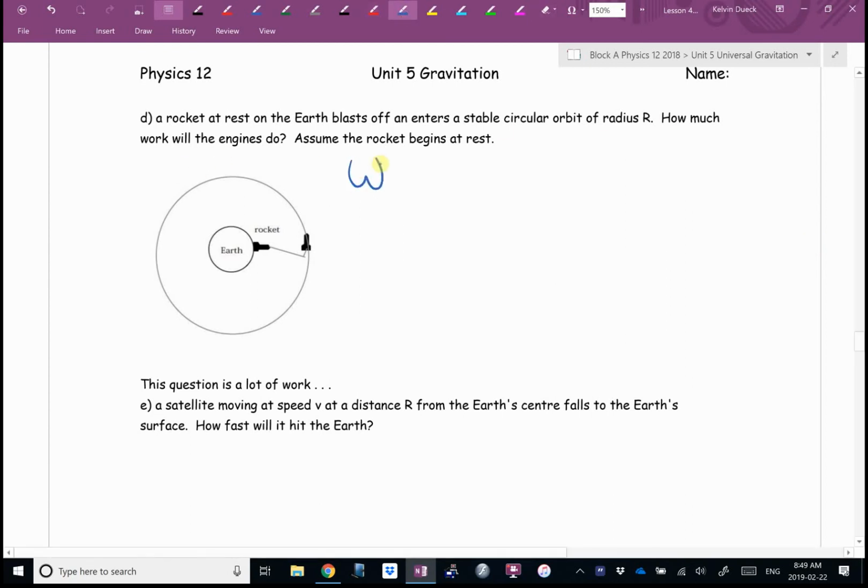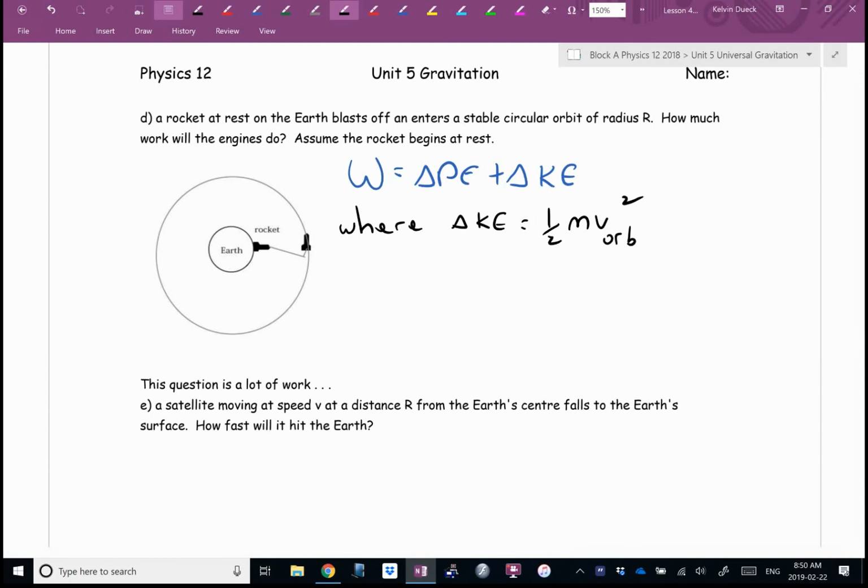It's going to be the same as Victor said earlier, except now I'm going to have a change in kinetic energy, where the change in kinetic is going to be a half m v orb squared. I might give you v orb.